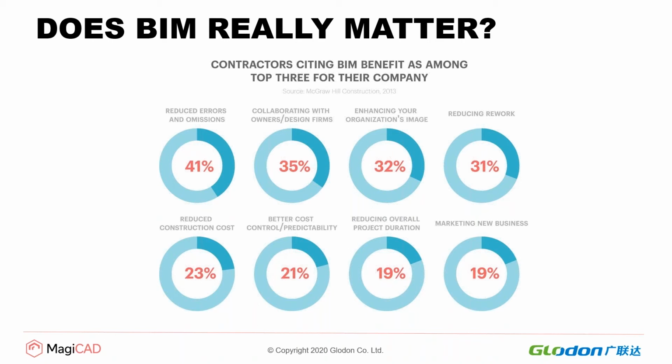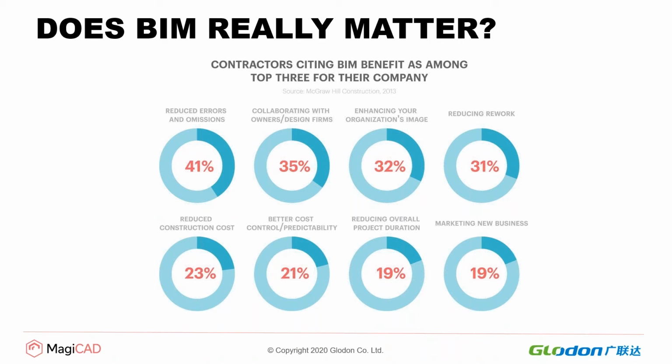Other benefits cited include the reduction of reworks, since the errors are removed earlier in the project. Like we saw, this is a clear benefit for the other stakeholders as well. The costs are reduced, and the contractor has much better control and prediction of these costs, which is beneficial to them.